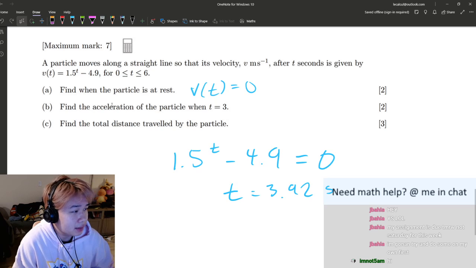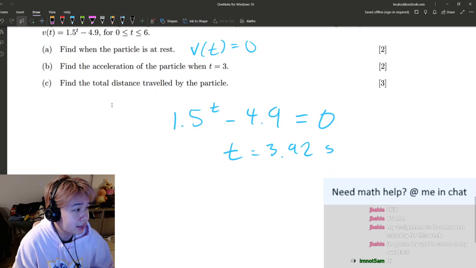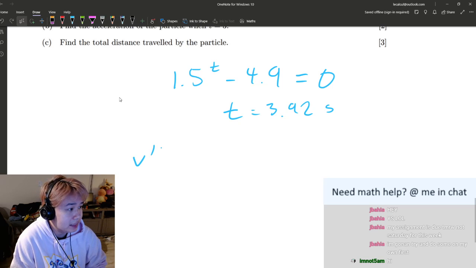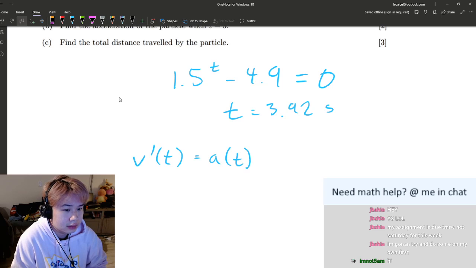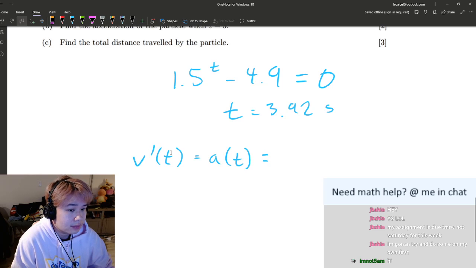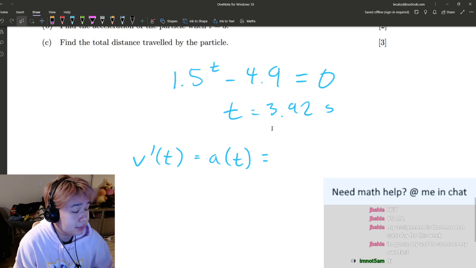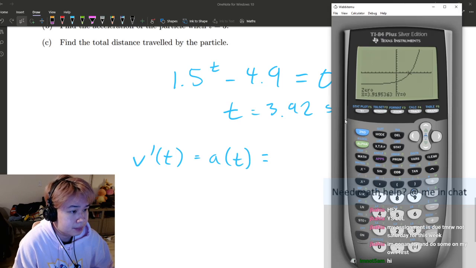Next up, find the acceleration of the particle when t is 3. So if we have the velocity function, then if I take the derivative, that's going to be the acceleration. And then I think as an SL, you don't know how to take the derivative of this. However, there are derivative calculators in your GDC.